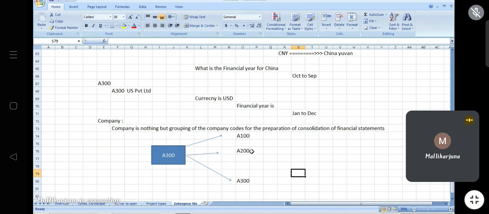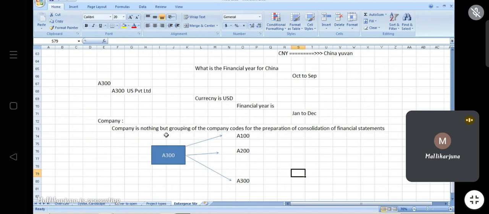Then how do you prepare them? It is always based on where the parent company is operated, and it follows that company's currency. Take Reliance Industries, the parent company operating in India, with a number of affiliated companies across the globe.